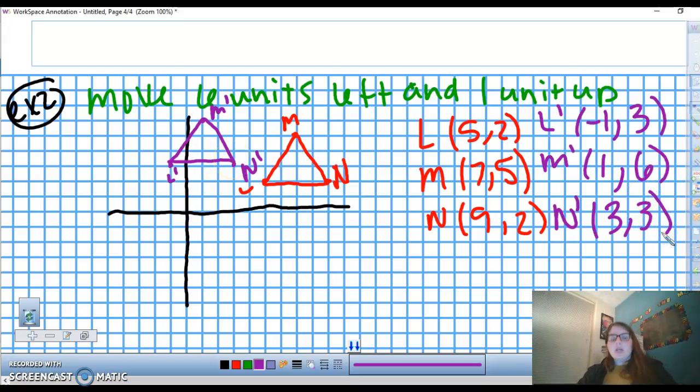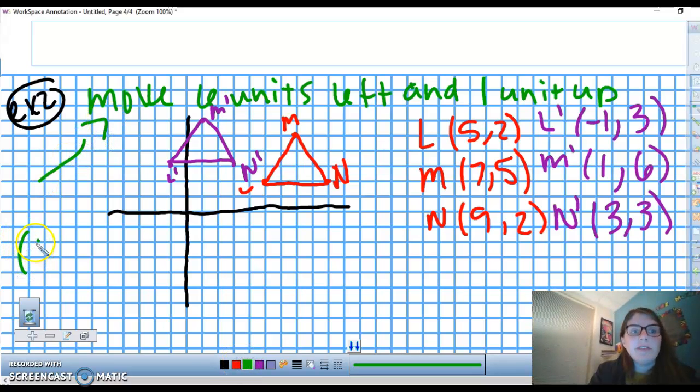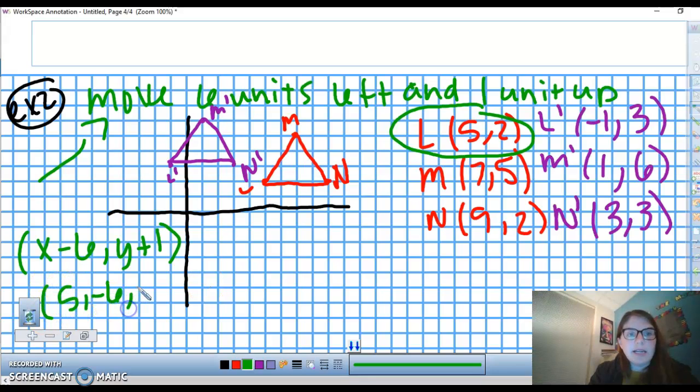Okay. So if you notice, when I was just doing that, I caught myself. I was like, that can't be right. Because if I write this as a rule, since I'm moving left, I'd have x minus 6, and since I'm moving up, I'd have y plus 1. So if I take each of my ordered pairs, let's say we're looking at L, when I plugged that in, I had 5 minus 6 and 2 plus 1.